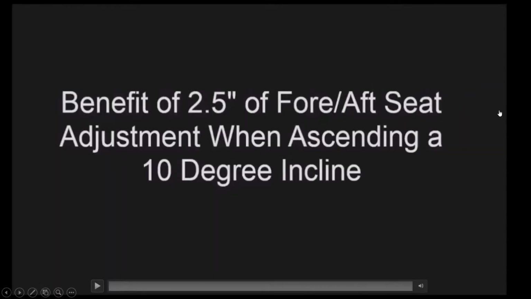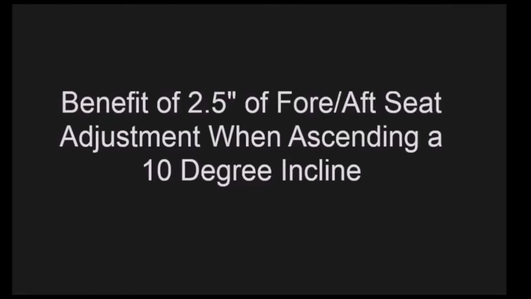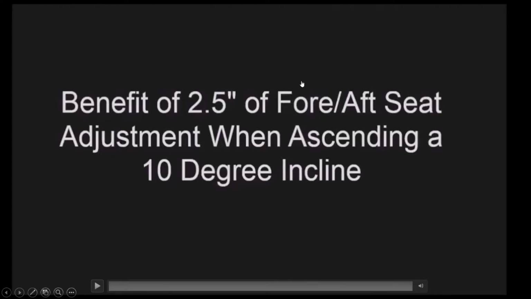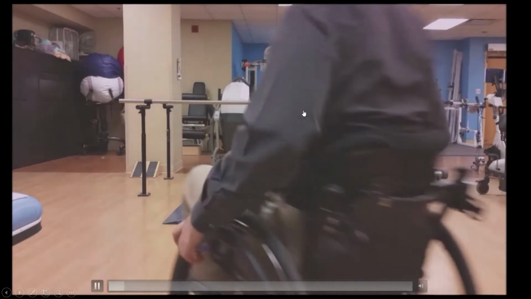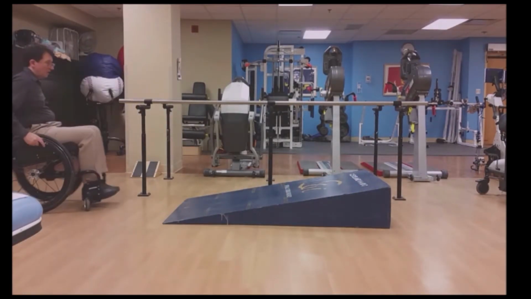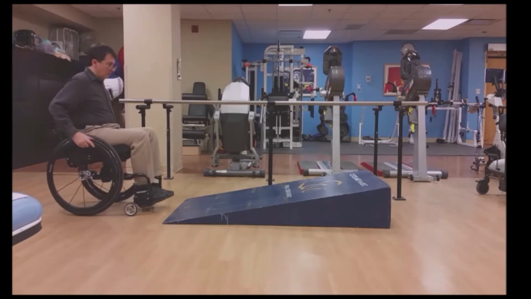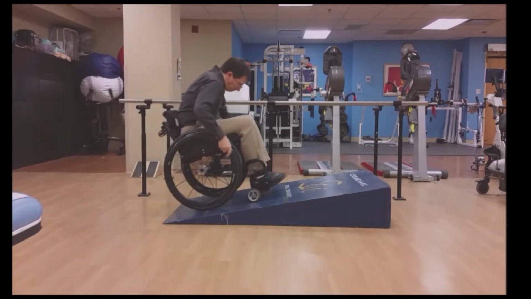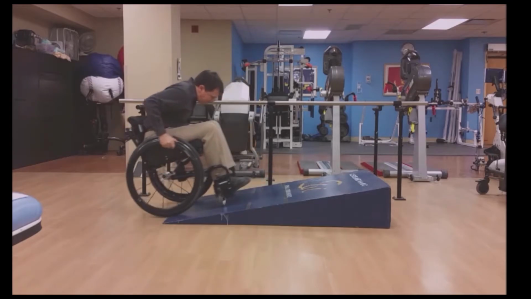Okay, and here I am in the Human Reverse Engineering Laboratory, which is basically our clinic after 4 o'clock in the afternoon. Trying the same thing on a 10-degree incline, which I would never do in my own chair. So you can tell it's very light on the front casters, but not so much.